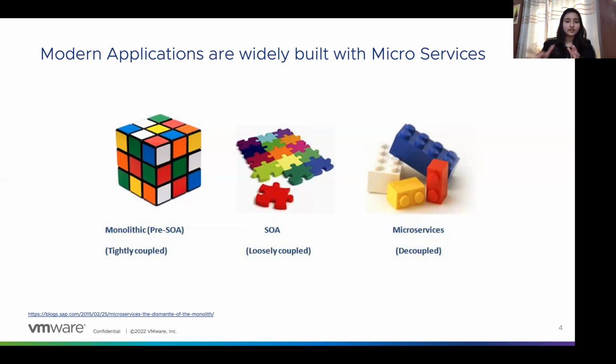Hence, we are moving from traditional architecture to microservices. We can see in the picture microservices, which can be compared to Lego blocks, which are discrete and loosely coupled. However, if we want them to have communication between them, we can set that up using protocols.